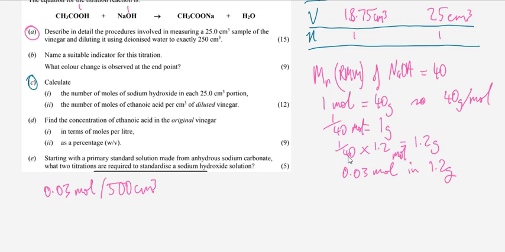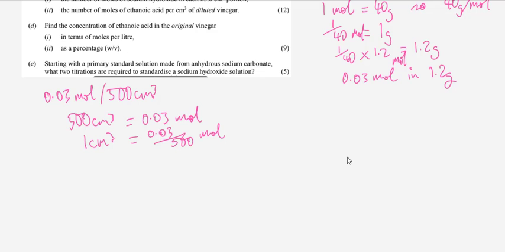I want to find out how many moles there are in 25 centimeters cubed. So I got 500 cm cubed equals 0.03 mole. So 1 centimeter cubed equals 0.03 divided by 500 mole. Then multiply by 25.